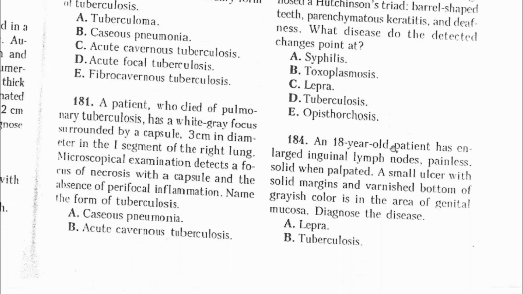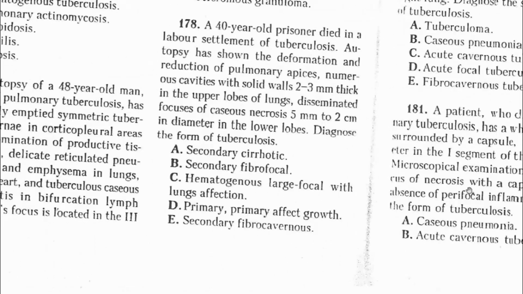84. An 18-year-old patient has enlarged inguinal lymph nodes, painless, solid when palpated. A small ulcer with solid margin and varnished bottom of grayish color is in the area of the genital mucosa. Diagnose this disease. Another syphilis.